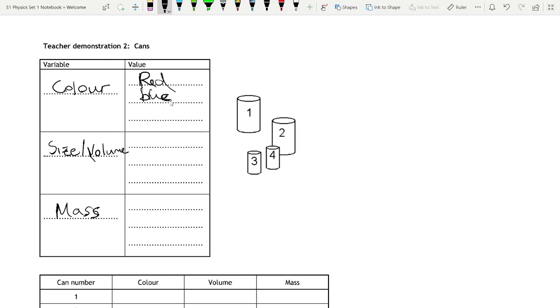Size, what was the big and small? We won't measure it out, we'll just say big and small, because there's only two different sizes, isn't there? You can put that if you want. And mass, we'll say heavy and light. Okay.